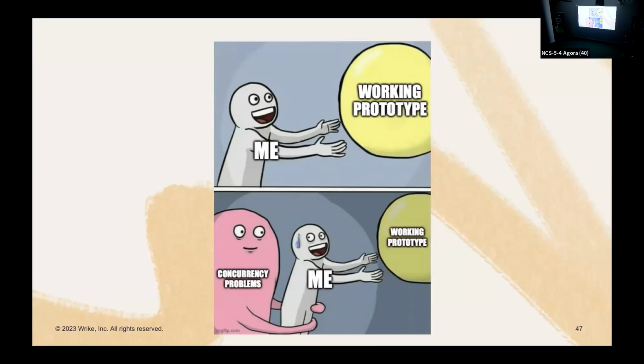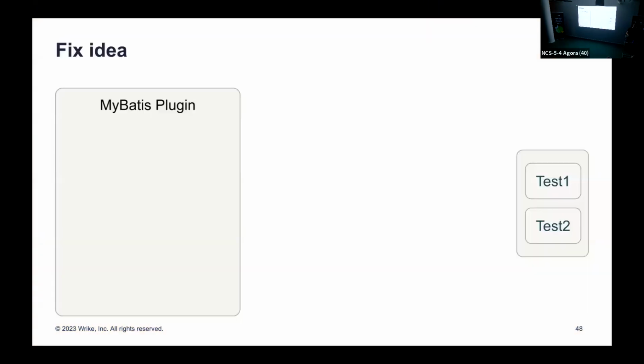And that felt kind of bad because we're pretty close to the working prototype, but it's still not working. But the cool thing is that the fix was actually pretty simple. So here we have completely separated our plugin and the test, and we want to synchronize them.